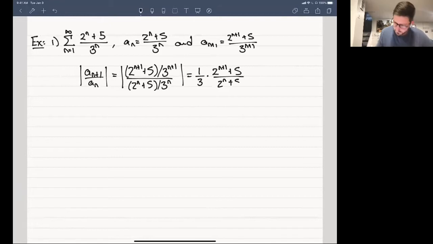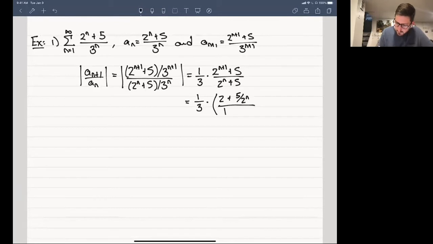Now what we'll do is factor out a 2^n here. This is going to give us 1/3 times (2 + 5/2^n). Let's do it that way so it looks nicer and it's easier to see what happens.